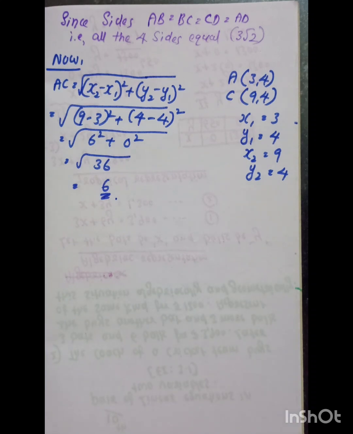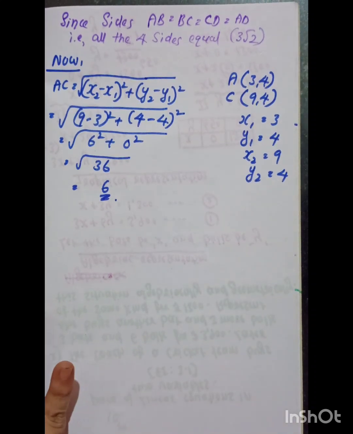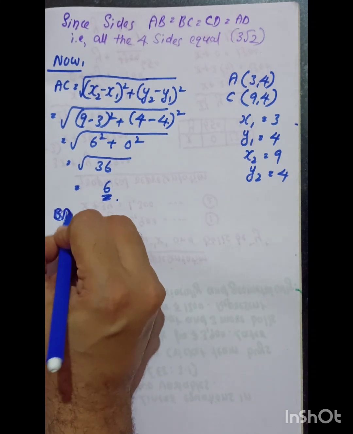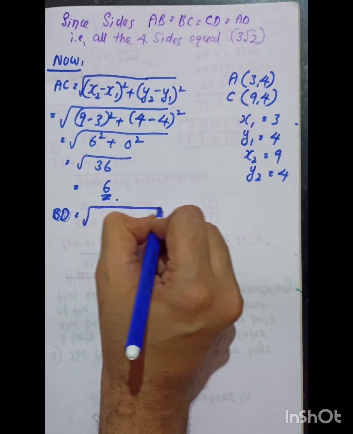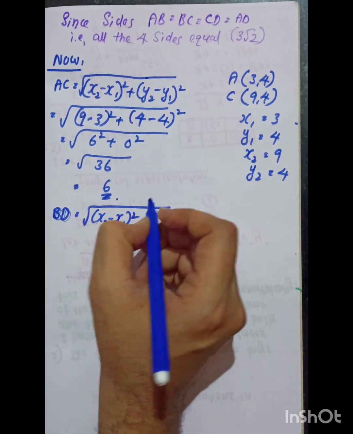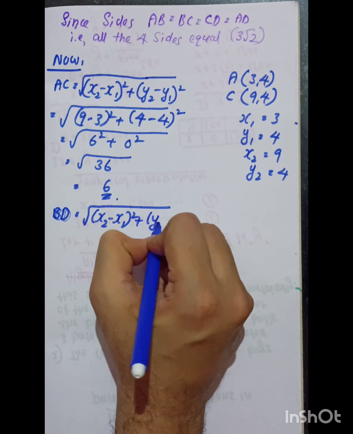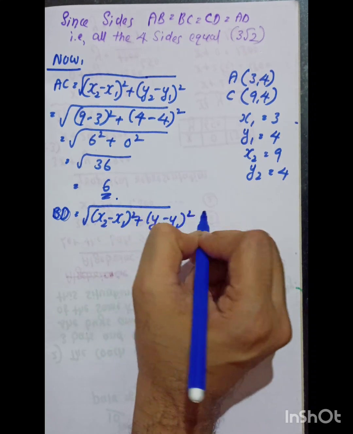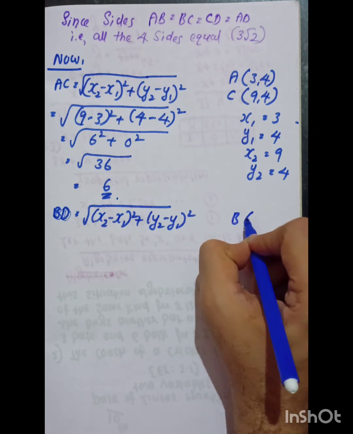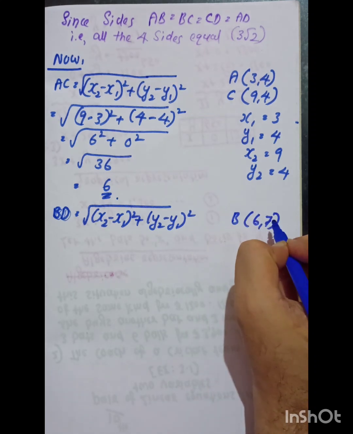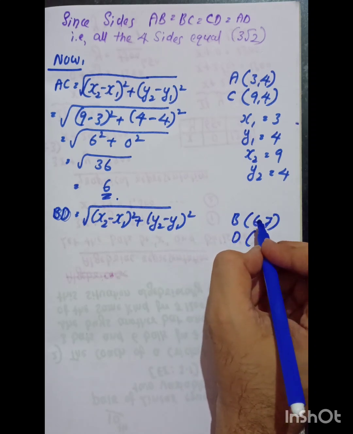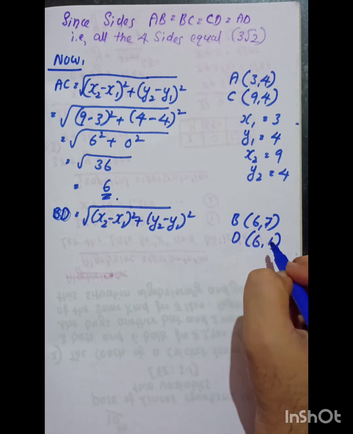Now let's check the other diagonal, that is BD. x2 minus x1 whole square plus y2 minus y1 whole square. B is 6, 7 and D is 6, 1.